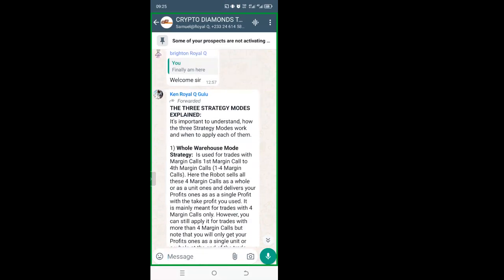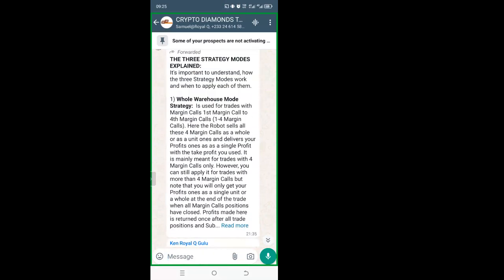Look at here. The 3 strategy modes explained very well. I want you to understand this. It is important to understand how the 3 strategy modes work and when to apply each of them.